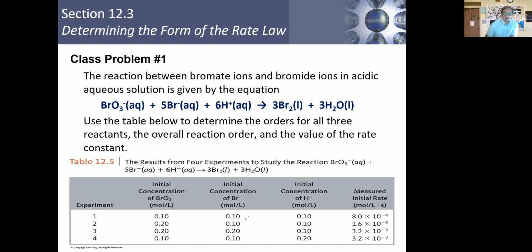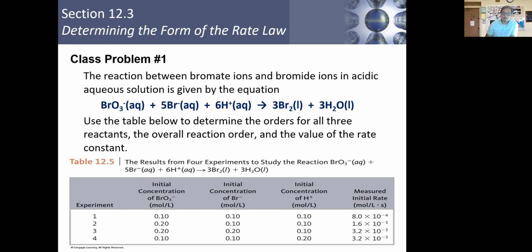But in order to get that, we had to take 4 different experiments. If you were to run this reaction in lab, you would probably run it a couple more times. 4 may not be enough, but you'd run this reaction just to make sure that these concentrations and the rates that you measure are somewhat consistent.